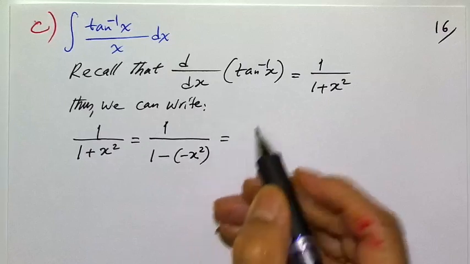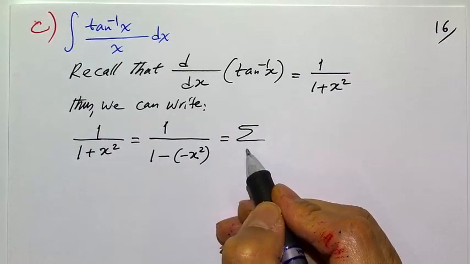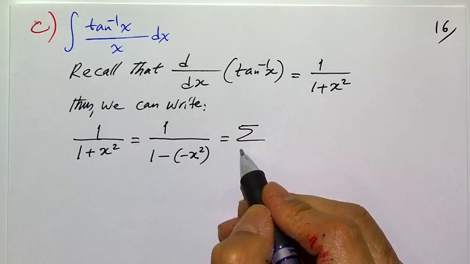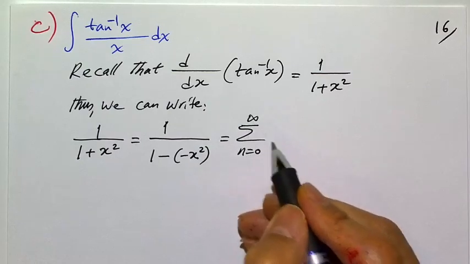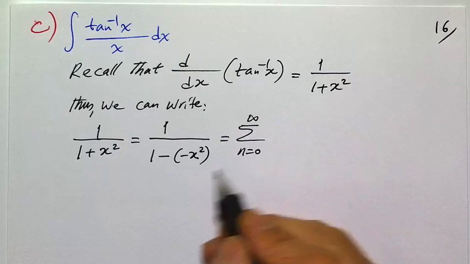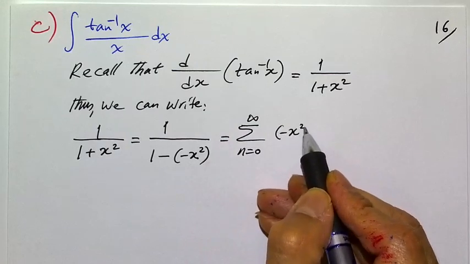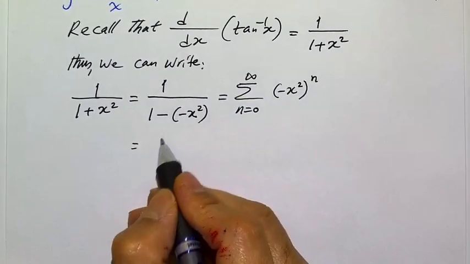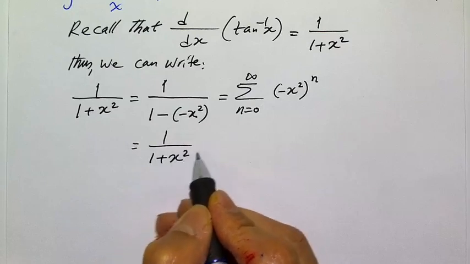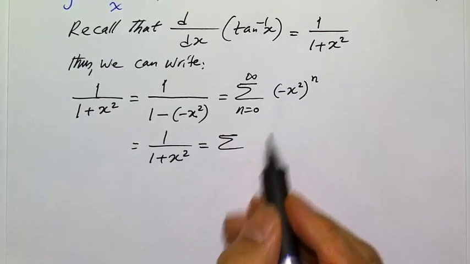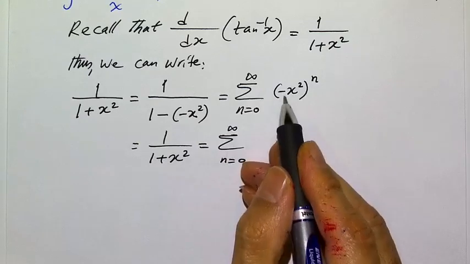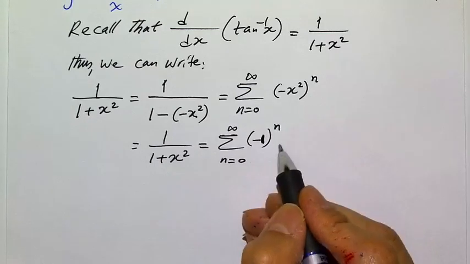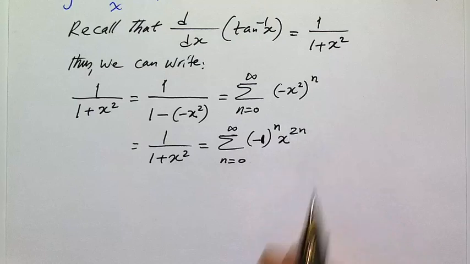Okay, so then in our familiar power series, which we showed on the first page of this lecture, this would be the sum from n equals 0 to infinity, and then instead of x to the n power, we will have negative x squared to the n power. So therefore, we can say 1 over 1 plus x squared is equal to the sum of negative 1 to the n power times x to the 2n power, like that.